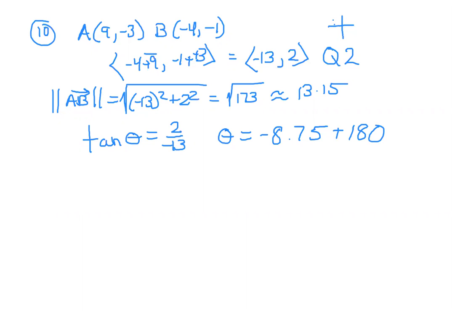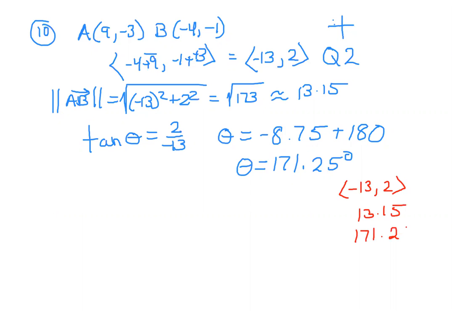So theta equals 171.25 degrees. Over here at the side, our component form is (-13, 2), our magnitude is 13.15, and our theta is 171.25 degrees. That's number 10.